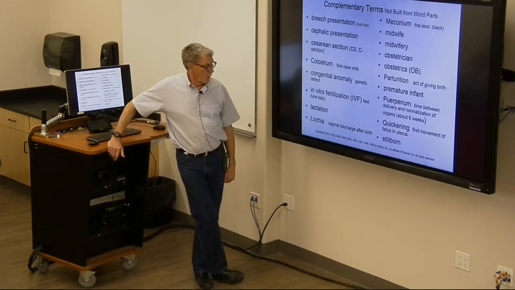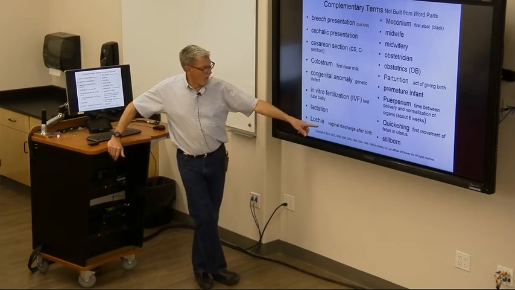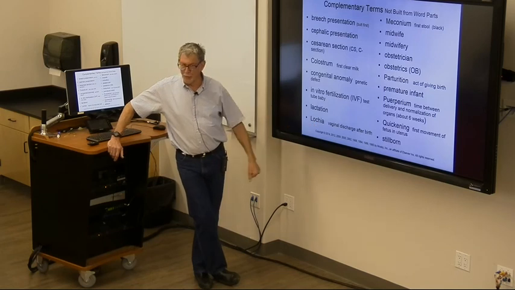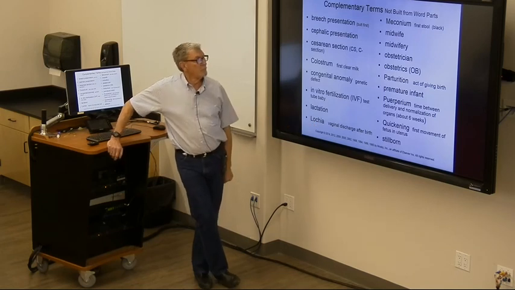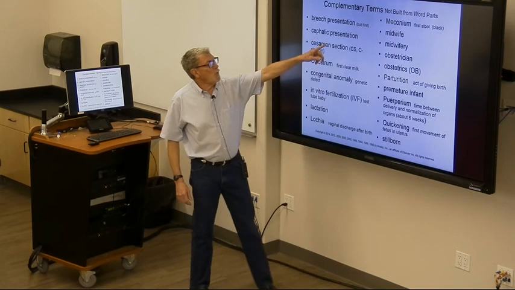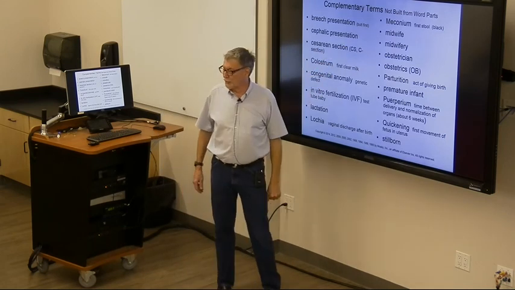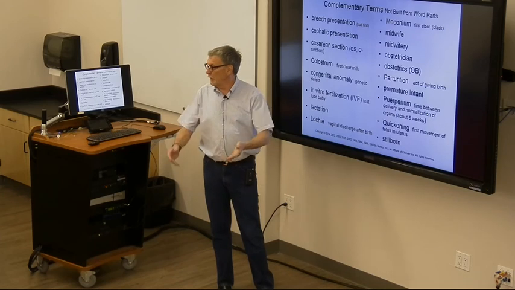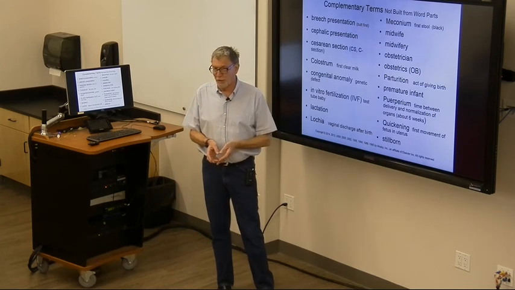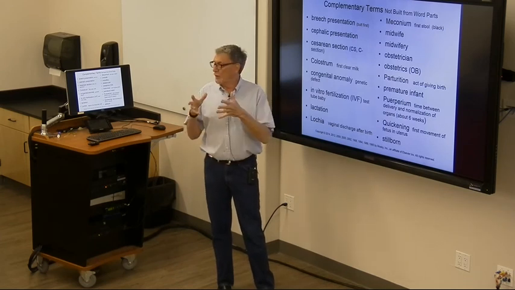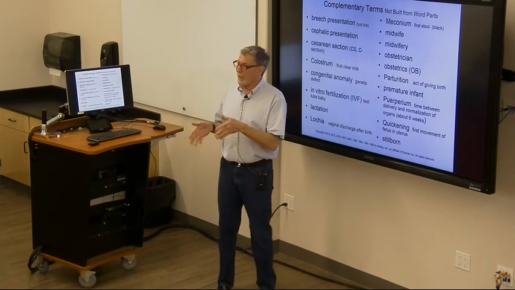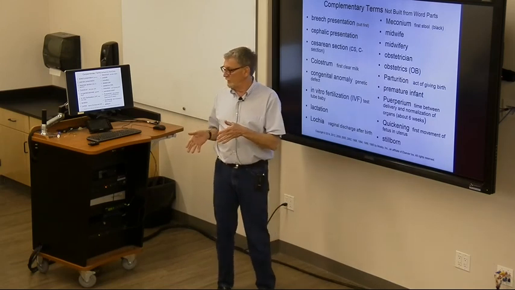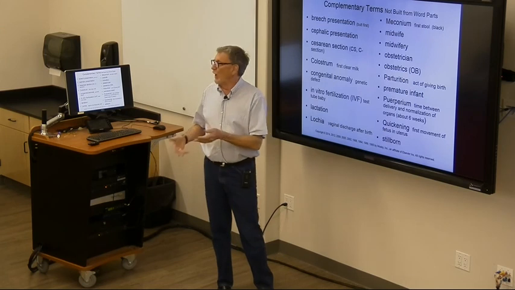Lactation, milk. Lochia, vaginal discharge after birth. The meconium is the first poop. Now the baby hasn't been eating, it's been getting nutrients through the umbilical cord. But still there is some product in the intestine that winds up coming out.